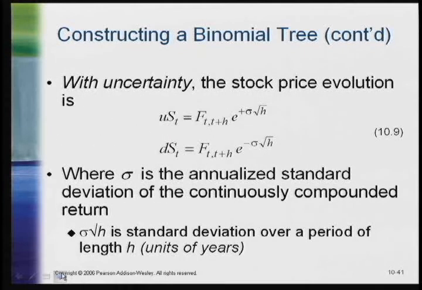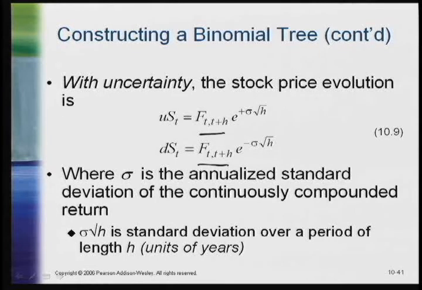Well, it makes sense to change the forward value, which is the value without uncertainty, by a factor which is some reflection of volatility. By convention, we write this as an exponential factor. There are some mathematical reasons for doing that, but one could imagine that the risk of the price could be reflected mathematically in a variety of ways.